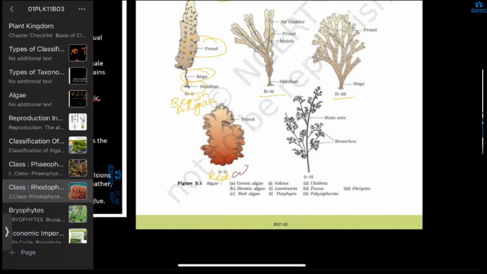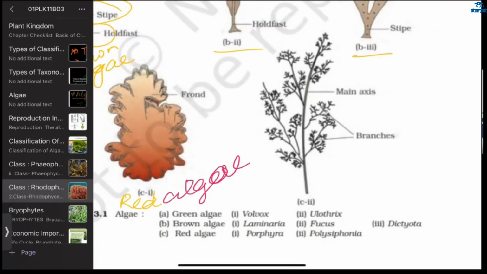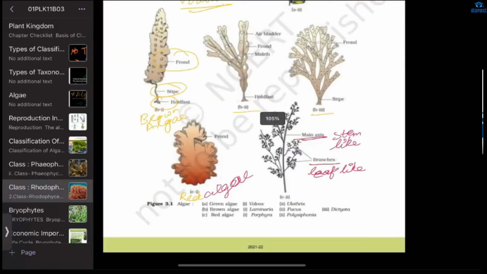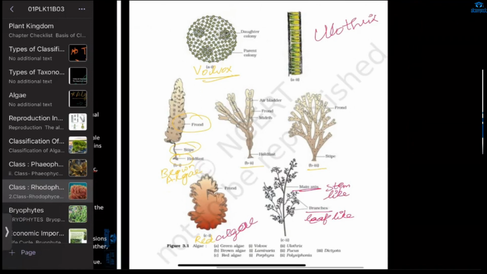And this one is also red algae. Red algae is also having main axis, branches. It is just stem-like and leaf-like. These branches are what? Leaf-like. But actual leaf structure is not present. Okay, leaf-like. And here stem is also what? Stem-like. Actual structure is absent in them. So all the examples here which are in this figure are important.